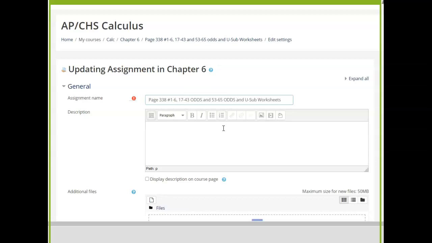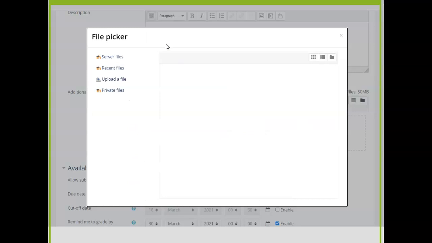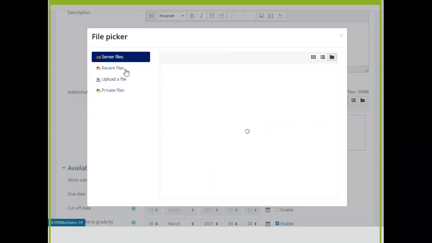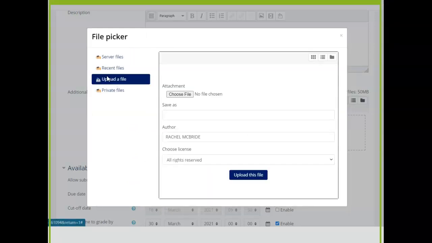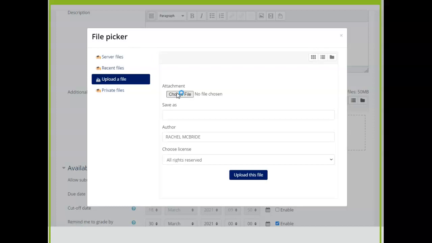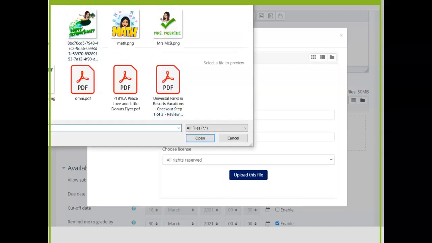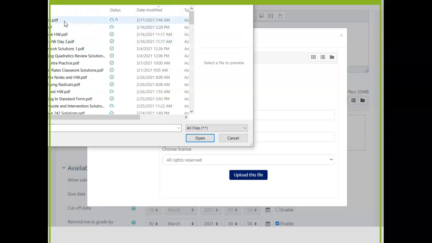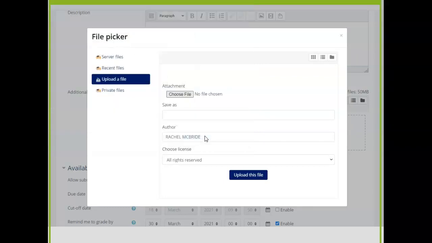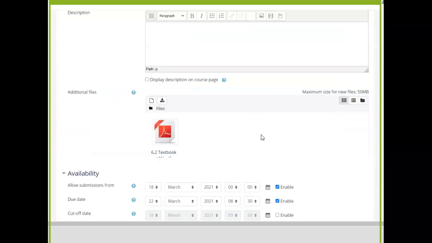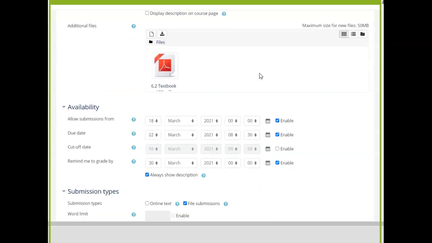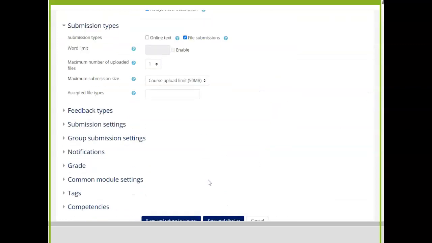And on that page, I'm actually going to put the textbook up for you. So if you don't have your book with you or whatever, I took pictures of the textbook page. So you could actually, 6.2 textbook, there you go. So the textbook is already added to the Fusion file, so if you need the textbook, it's on there as well.